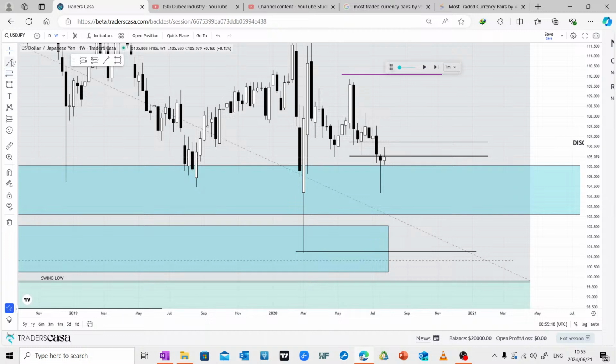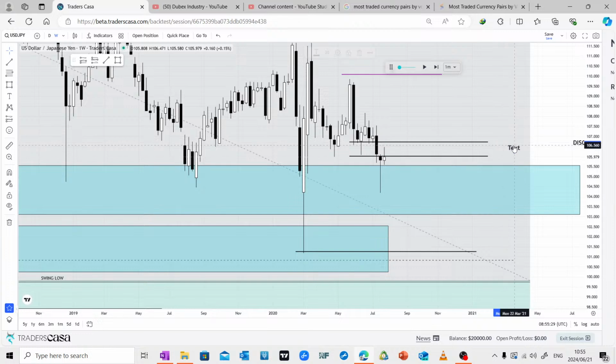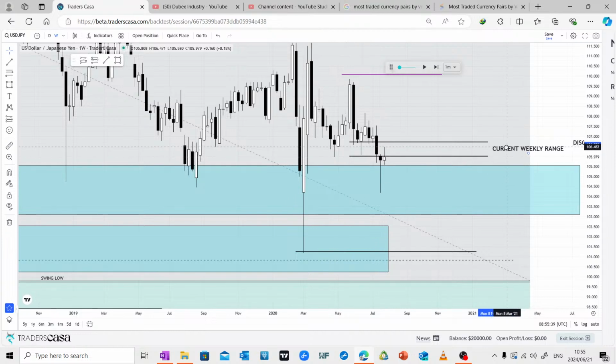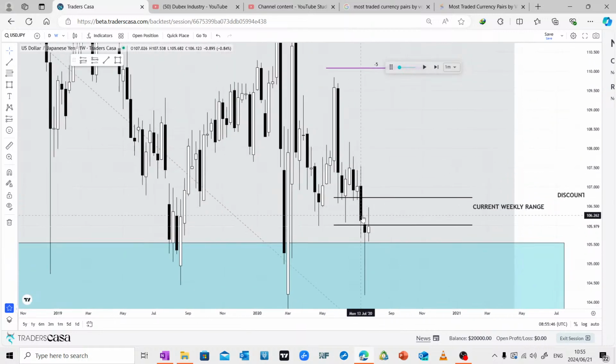I'll find text. So this is our current weekly range. Okay, and then we have our current weekly range in there, and so we've mapped out the highs.